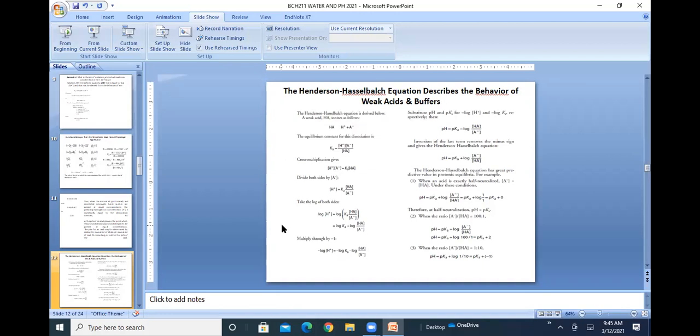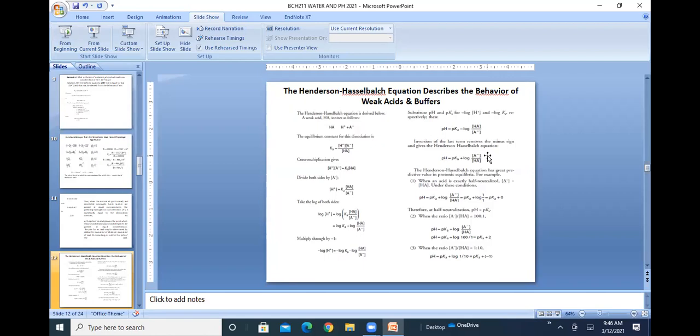This equation is the Henderson-Hasselbalch equation, and it shows the relationship between pH, pKa, the concentration of your base and the concentration of the acid in that solution. Now, if the conjugate base and the conjugate acid are at equimolar concentration, A minus over HA equals 1.